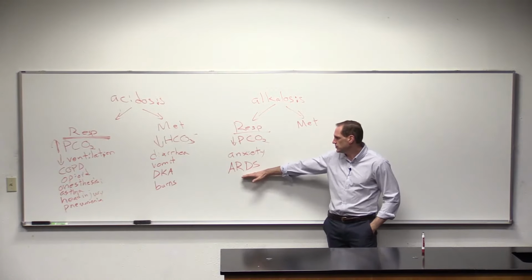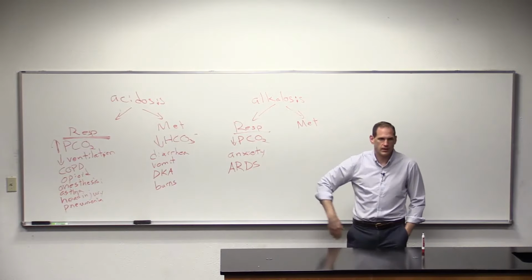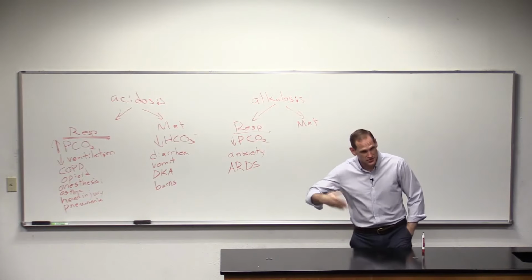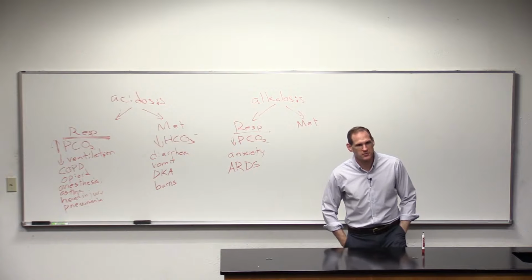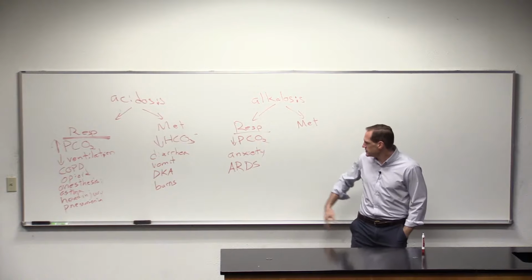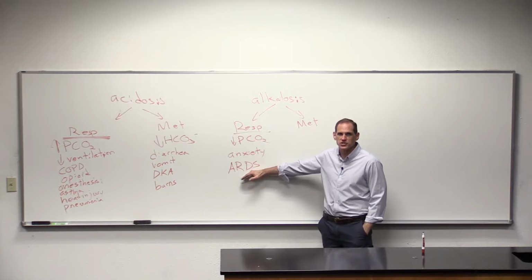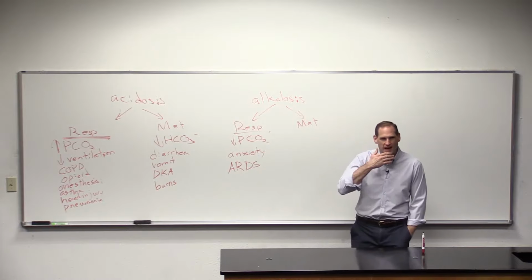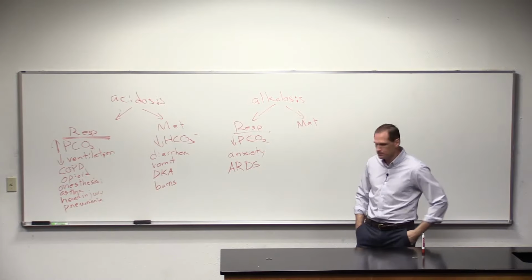So that leads to a respiratory alkalosis. This is really what we should call an oxygen diffusion problem, and we'll talk about that when we get to respiratory.